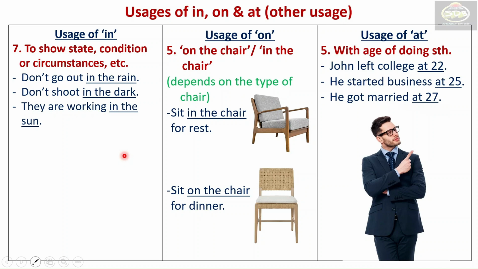Don't shoot in the dark. They are working in the sun. More examples: in anger. Don't speak a word in anger. In his poverty. In death. Everything is in order. We become happy in victory.